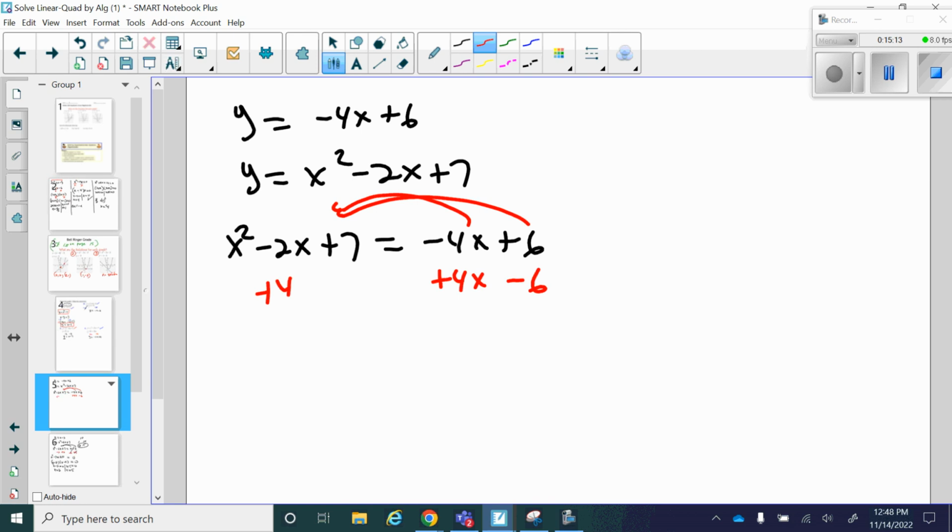Okay, the right side now becomes 0. My left side now is, let's combine like terms. I have 1x squared. I have a minus 2 and a plus 4, that gives me a plus 2x. And then this gives me a positive 1.